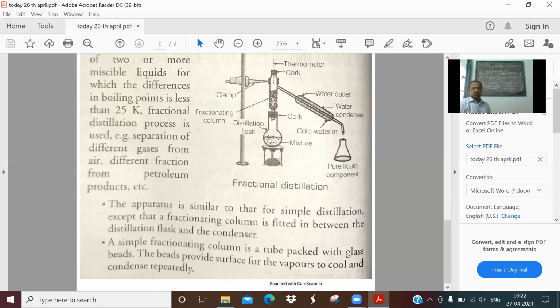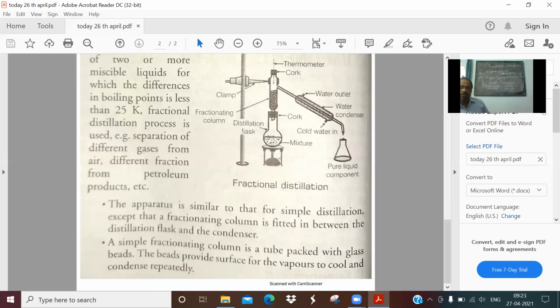Now, in this lesson, you have seen how to separate different components of a mixture. Now, why are we separating? I told you in the first lesson, we need to separate. Sometimes we need to avoid harmful substances.